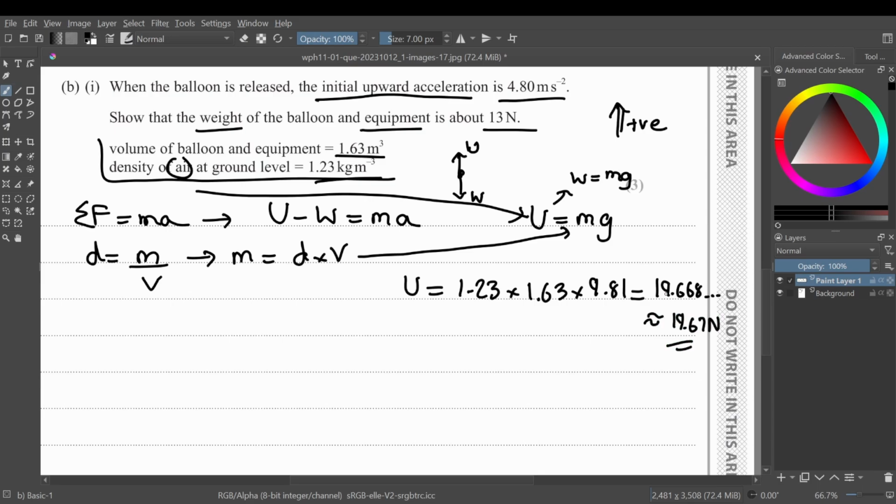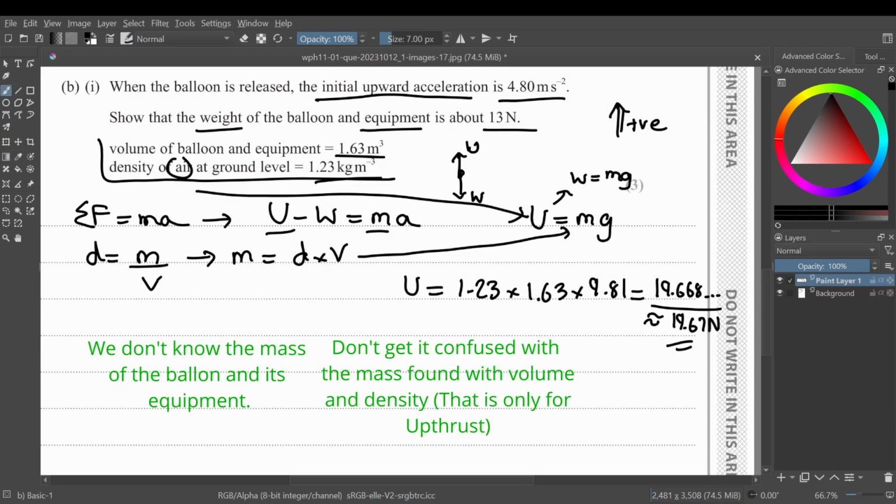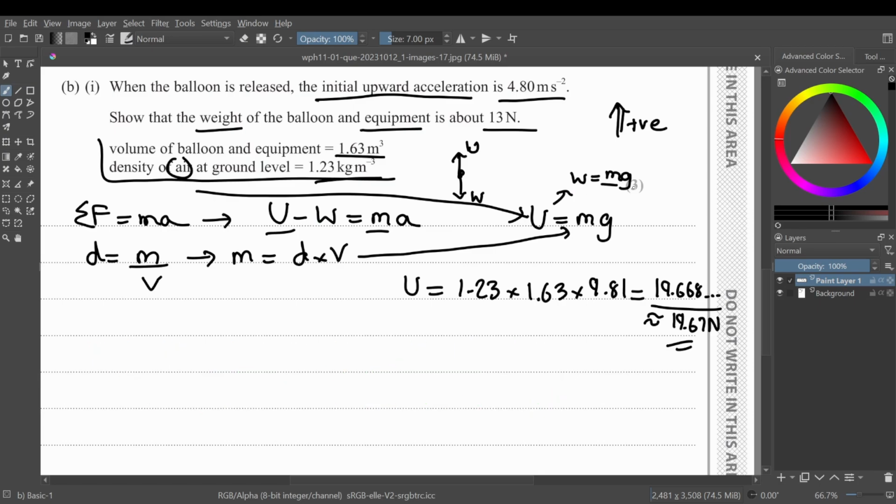I would recommend you use the unrounded value for further calculations, so that you don't have any inaccuracy in your values. So now we have upthrust, we can input it here and then find the mass from this. Weight equals mass times gravity, and we don't know the mass for either of them, so we can use the upthrust value and the acceleration to find the mass.